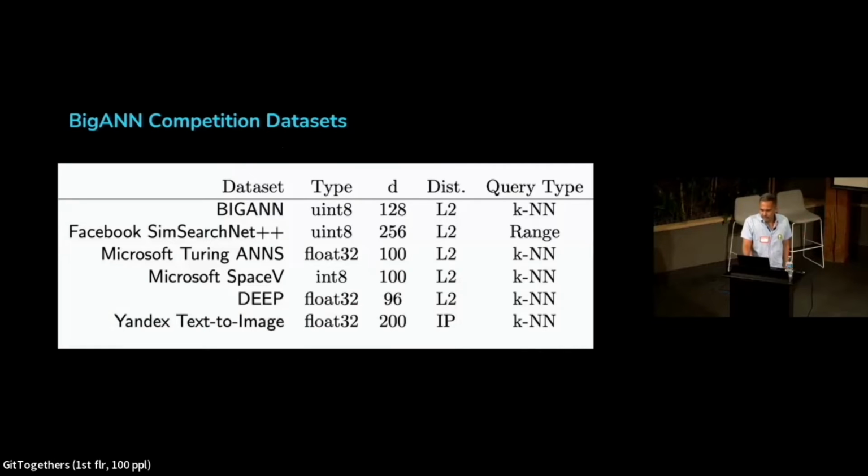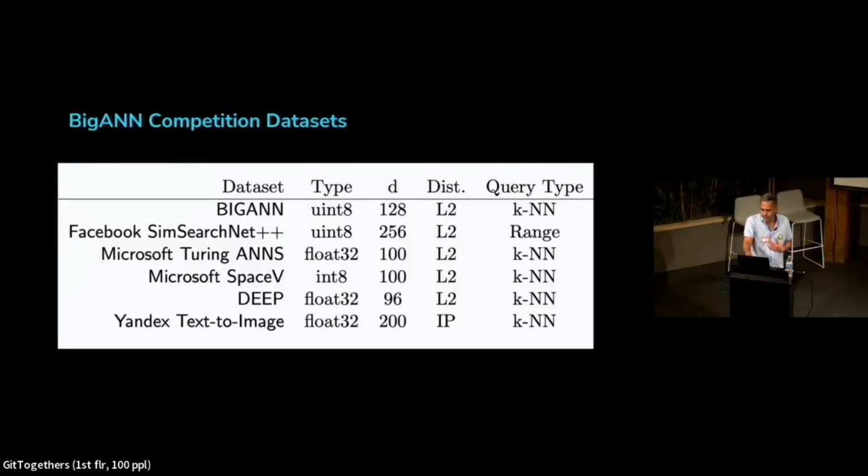In detail, this is what the data sets look like. Some additional attributes of these data sets. You can see there that 5 out of 6 of them were the typical KNN kind of query type. So getting the nearest neighbors within a neighborhood range like K. We used 10 for our competition. You see also there are different distance functions. For these data sets, we used Euclidean L2 distance, and you'll see one of the data sets had inner product.